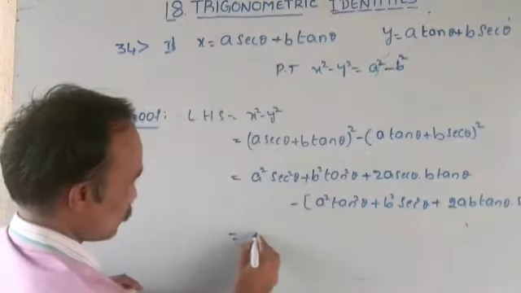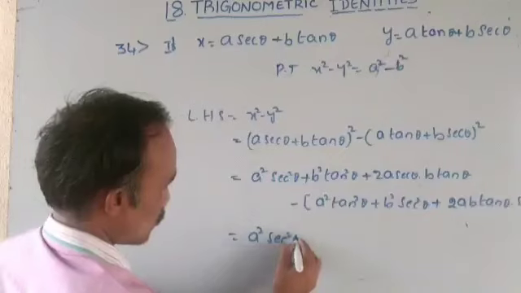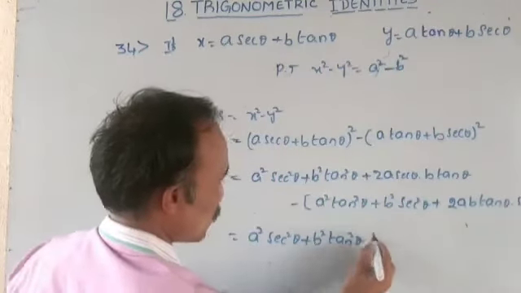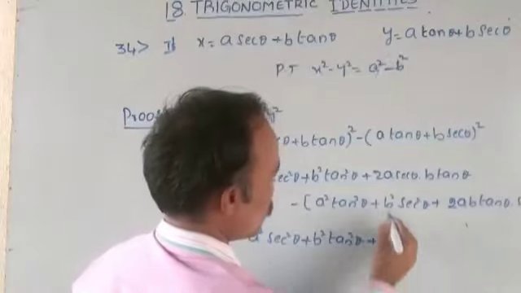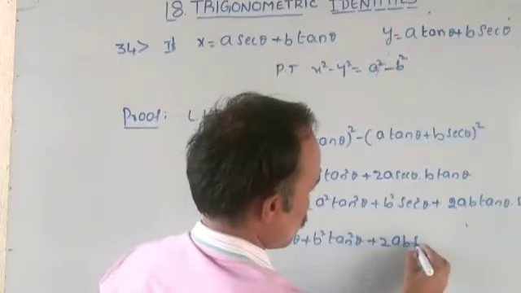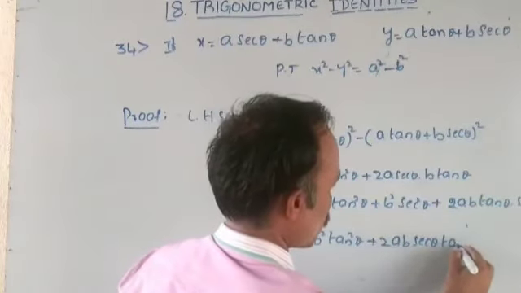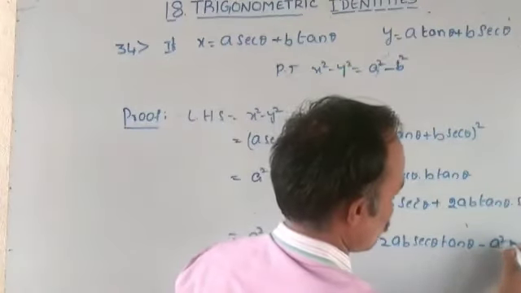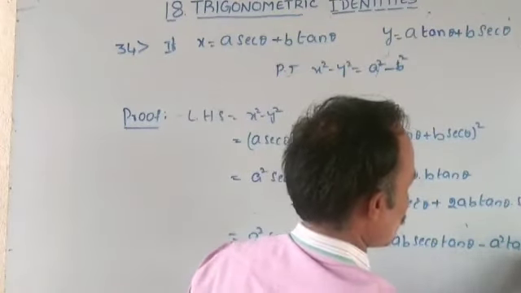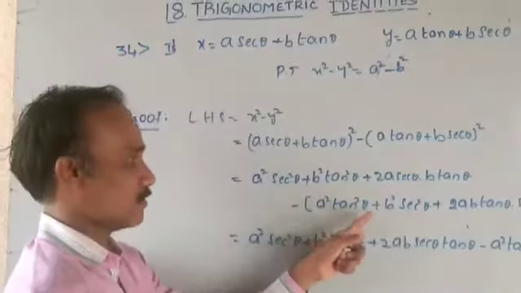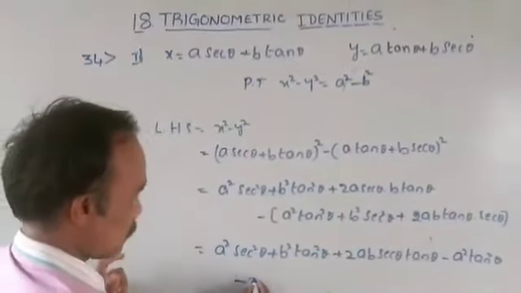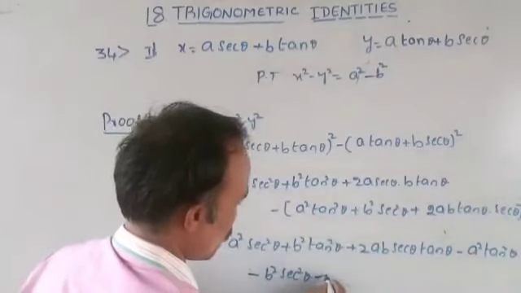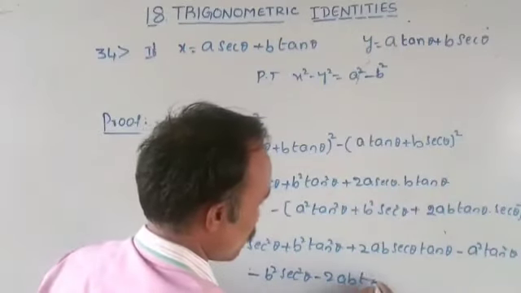So this is equal to a square secant square theta plus b square tan square theta plus 2ab secant theta tan theta. Now multiply minus a square tan square theta. So all terms will become minus into plus, minus b square secant square theta, minus into plus, minus 2ab tan theta into secant theta.